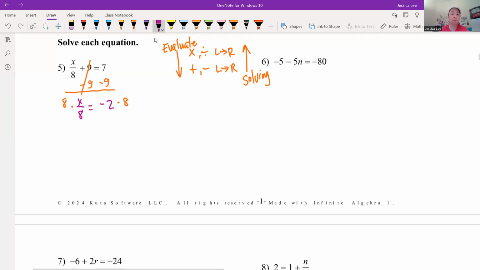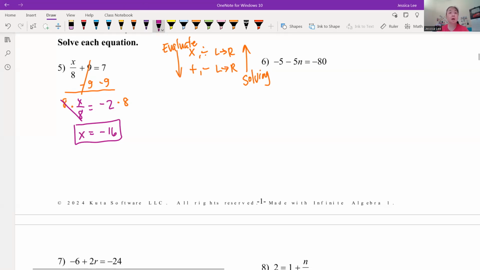It's got to be a bigger number, right? So now my 8s are going to cancel out because 8 divided by 8 is 1. All I have is x. -2 times 8 is -16. If you were to plug it back in, -16 divided by 8, which is -2, plus 9, will give us that 7 back again.